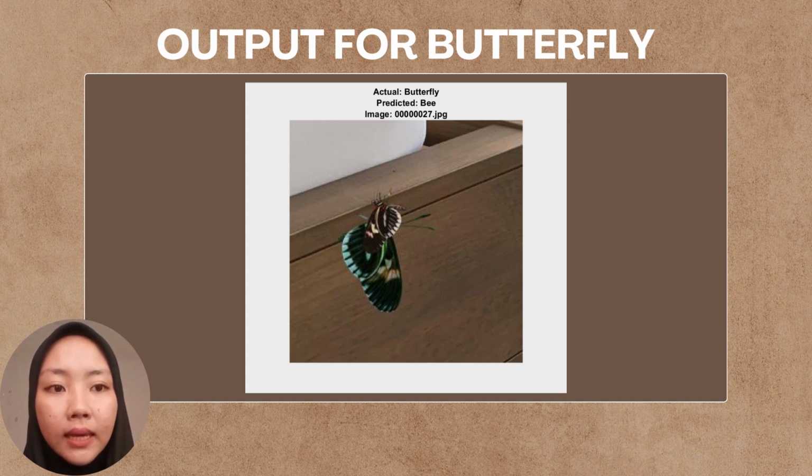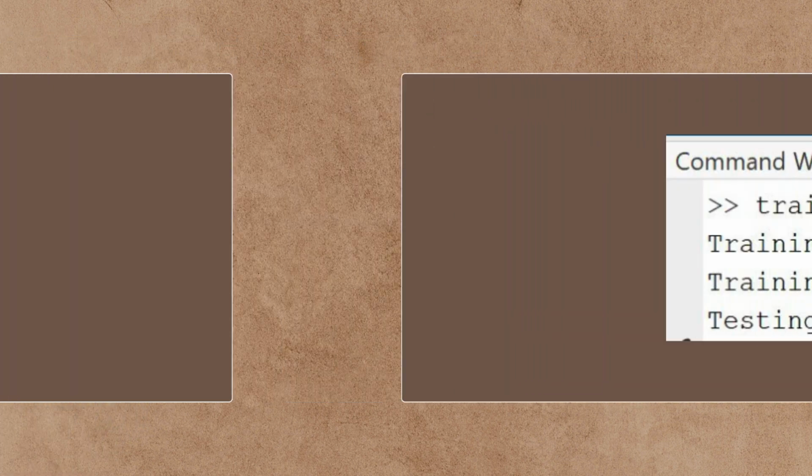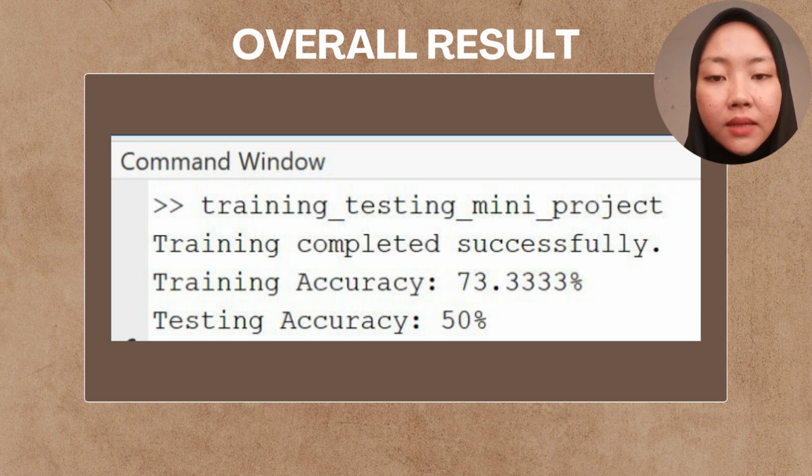It shows us that the testing process cannot predict the image the same as the actual. So for the overall result of the training and testing process, the training accuracy is 73.33% and the testing accuracy is 50%.